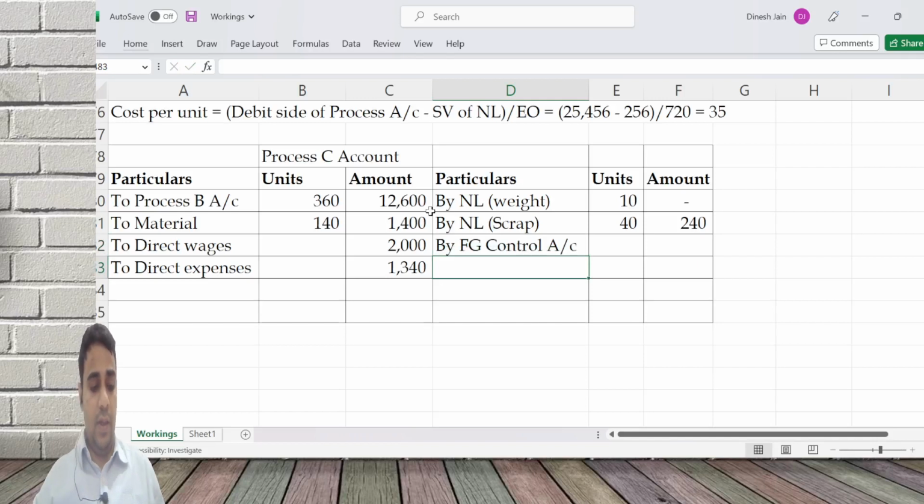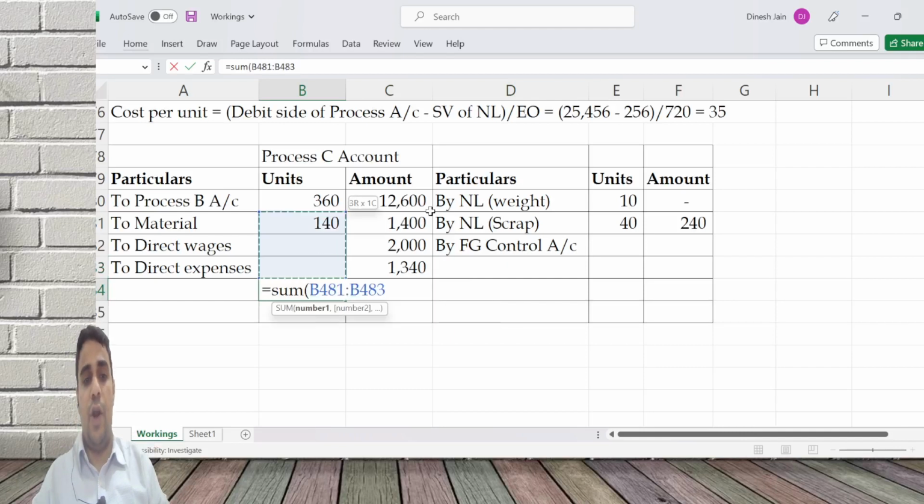So the new part in this question is, one is this weight loss part, which doesn't have any realizable value. And second is, in the process, you are adding extra material, because of which your output is going up.